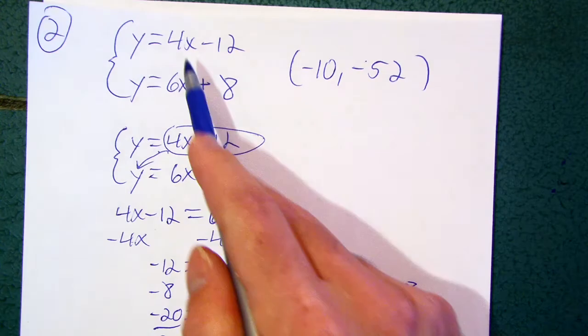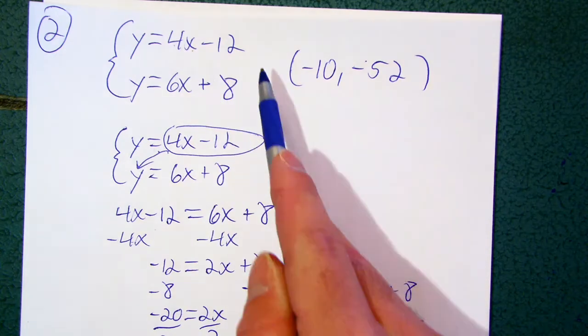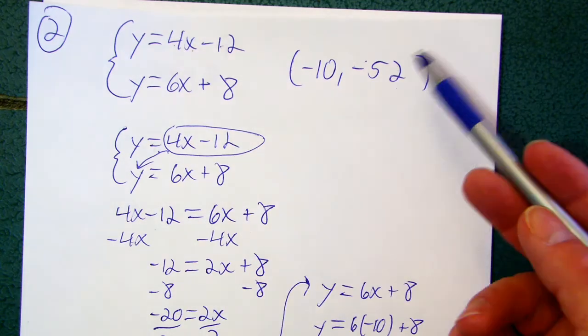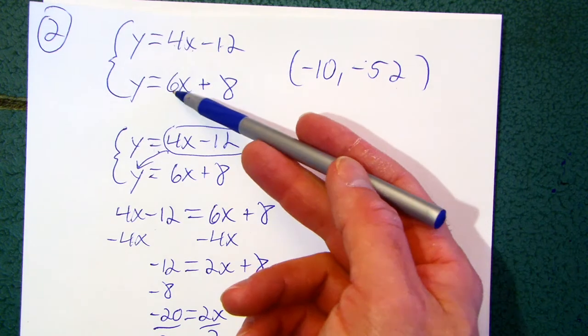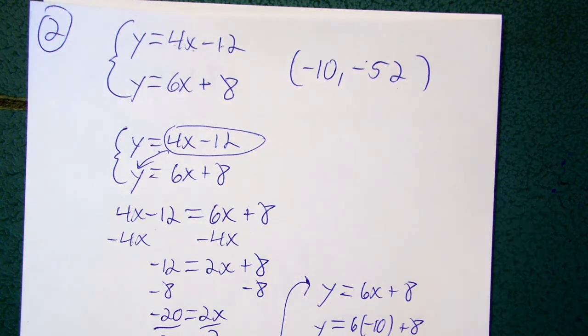And yeah, if I put negative 10 in for x right here, 4 times negative 10 is negative 40, minus 12 is negative 52, so that's good, and we just did the same thing here. 6 times negative 10 is negative 60, plus 8 is negative 52. So it does work in both. You don't always have to write it out, but maybe just punch it in your calculator real quick, make sure everything checks out there. Then our answer works in both equations.